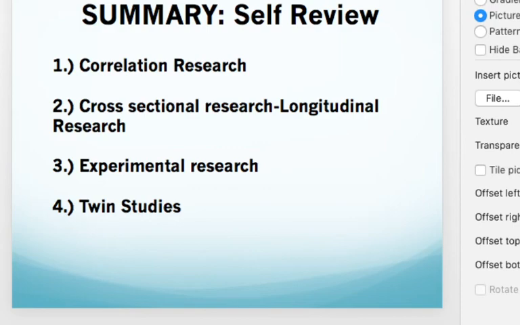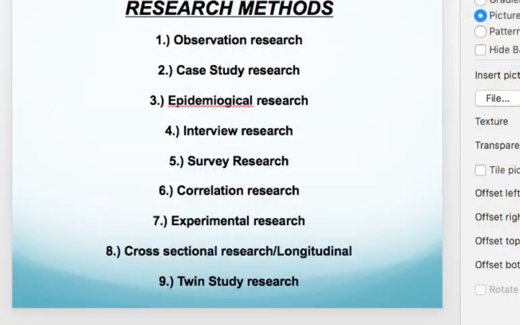So, in the future, kapag naka-formulate na kayo ng tanong in this subject, marami na kayong pagpipilian, no? So, from my first lecture video hanggang dito sa lecture video na ito, there are a lot of psychological research methods that you can consider depending on the research question that you want to answer in your final project. Okay? So, all in all, meron tayong 9 different research methods.